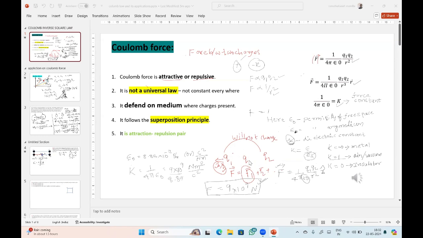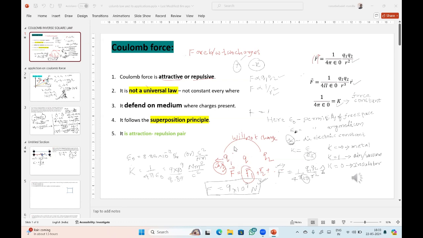The force on Q will be the sum of all the forces acting by the remaining charges. But the force between Q1 and Q2 is always the same, and the force between Q1 and Q is also the same. Because of Q2 placed on this side, the force between Q1 and Q does not vary, and the force on Q by Q2 does not vary because of Q1. But the total force on Q by Q1 and Q2 together will be different.